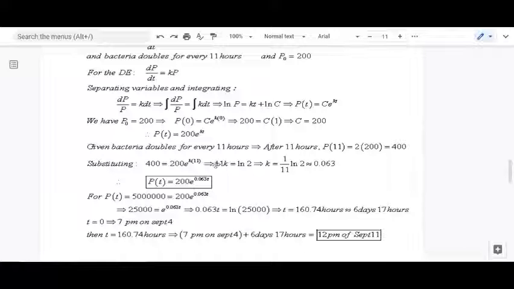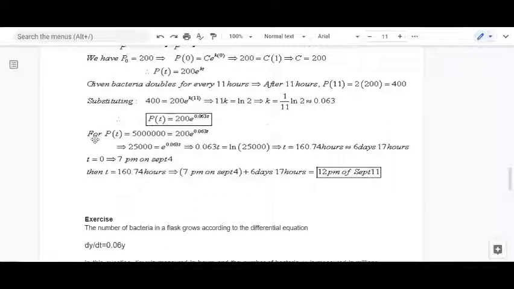Then by substituting to look for k, the rate for doubling, we get 1 over 11 ln of 2, which is approximately 0.063. Then by replacing k by its value, we get this.